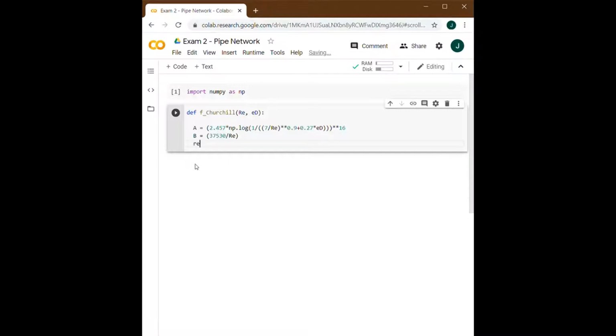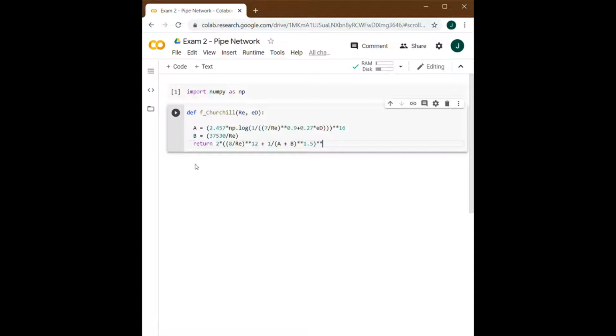And then we are going to return two times (8 over our Reynolds number) to the power of 12, plus 1 divided by (our A function plus our B function) to the power of 1.5.